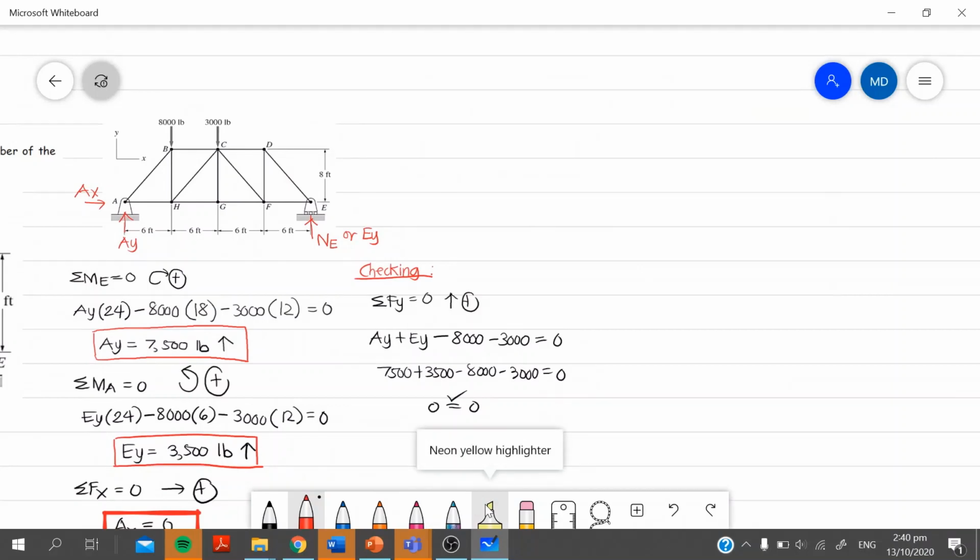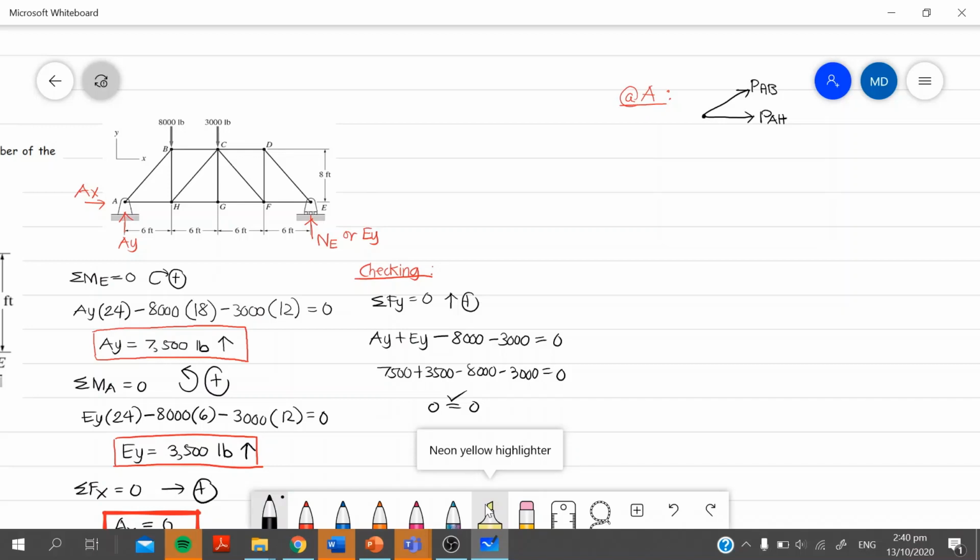So, at joint A, tingnan ang mga members na nakakabit at A. So, ang nakakabit kang A, we have force AB, right? May horizontal tayo na force AH.